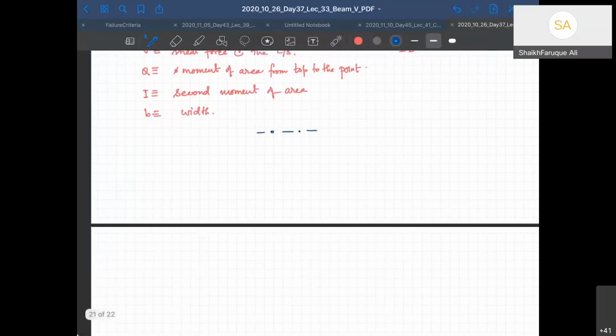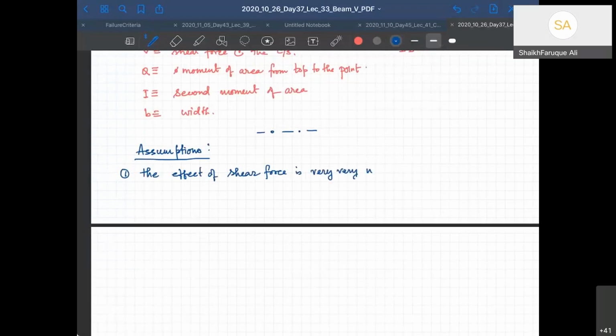While doing that, we made some inherent assumptions that we need for solving this kind of problem. Assumption one: the effect of shear force is very, very minimal, very low.